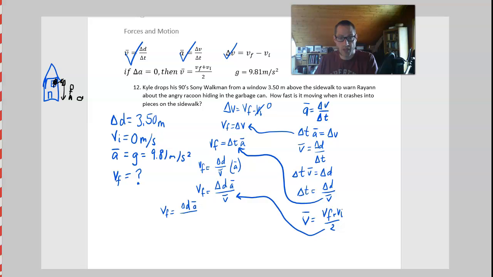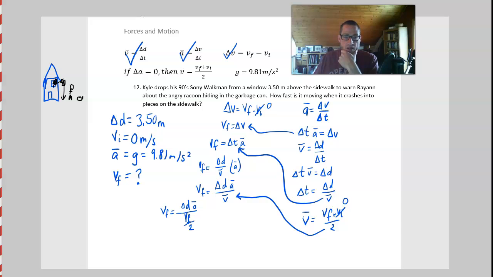There we go. Divided by VF over 2. Now VI is 0, so it's just VF divided by 2. Okay. And this is this line here. If I press Ctrl Z, does that work? Yes. Okay, good. This line here extends the whole way. Good. We have the two things we know.